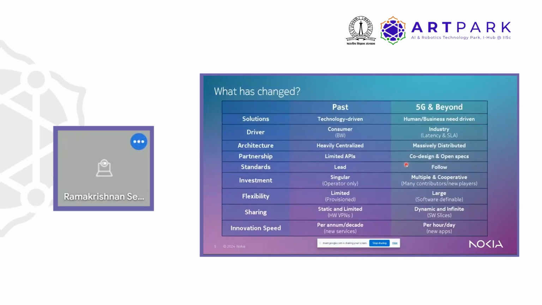Now, if you look at the past few years or past couple of decades, what exactly has changed, right? Before 5G, pretty much the solutions were technology driven. You would always talk about 2G, 3G, 4G as a technology.